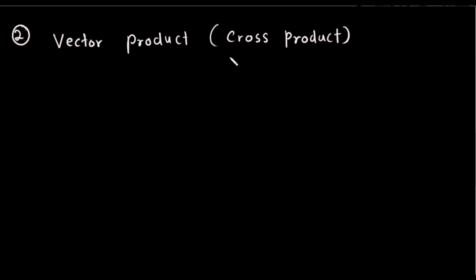What we are going to find is this expression, A cross B. Or sometimes in some books they write A cross B like this. It is also equal. If you struggle to write it in this way, you can write this format as well.